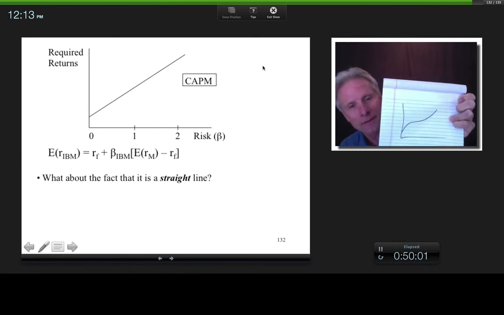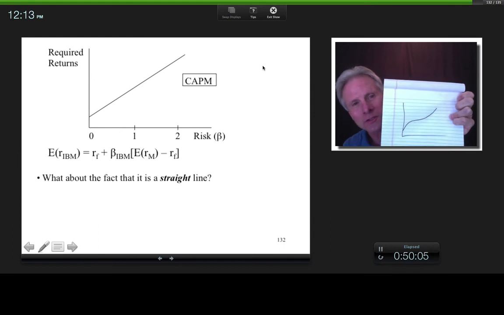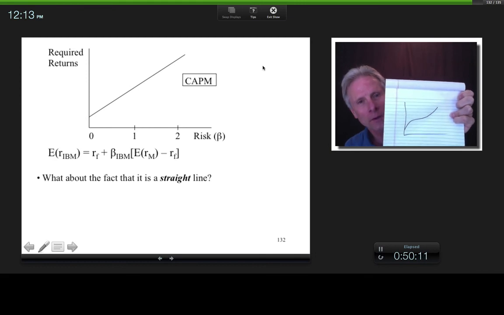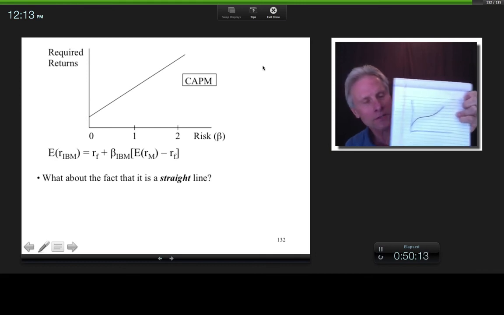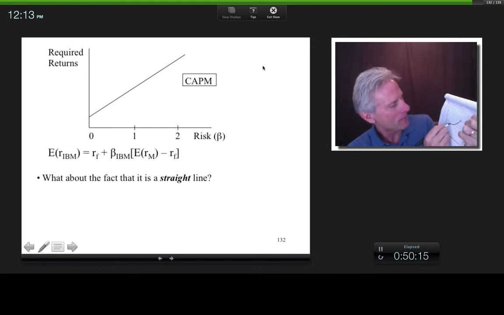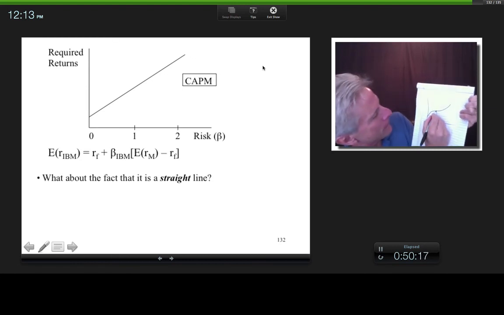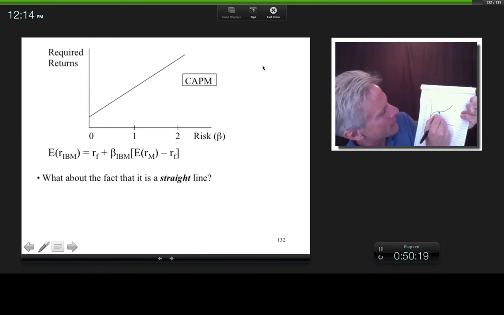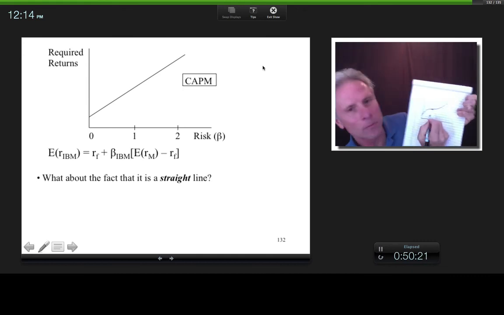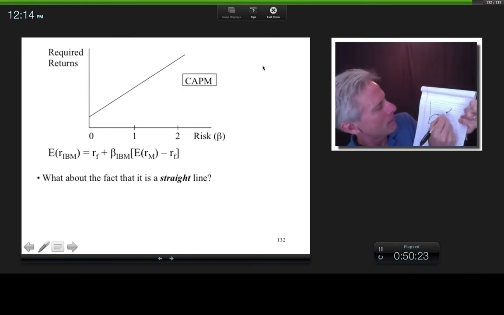It is, right? And so could I also say for that line, with higher risk, we require higher return? We could, right? But notice right here, if I take on a little bit more risk, I only require a tiny little bit more return. But right here, if I take on the same amount of little more risk, I require a whole bunch more return.